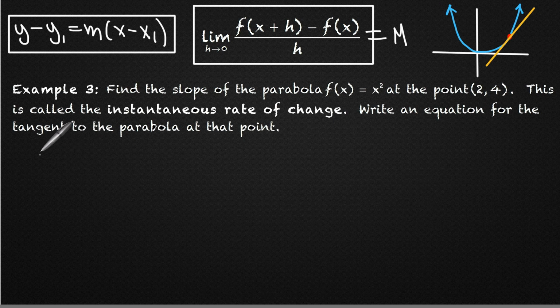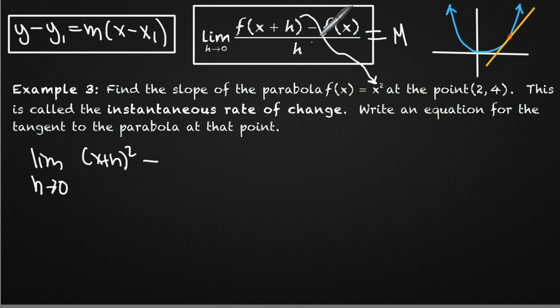Let's go ahead and do the limit as h approaches 0. f of x plus h means take x plus h and plug it into the formula. So (x plus h) squared minus f of x. f of x is just x squared, over h.